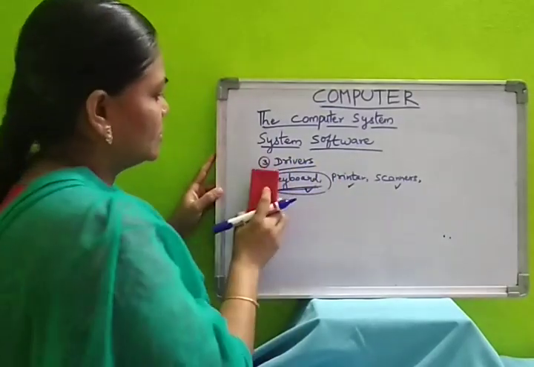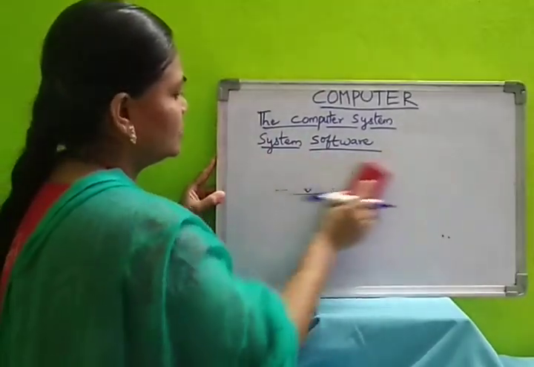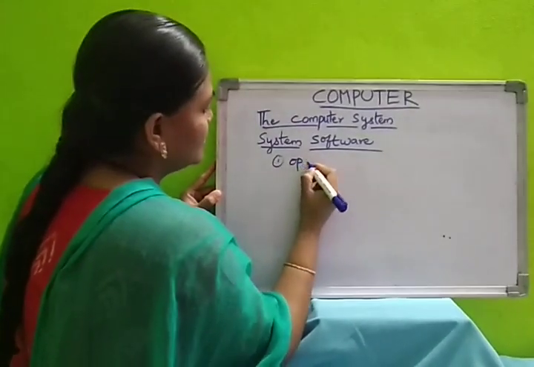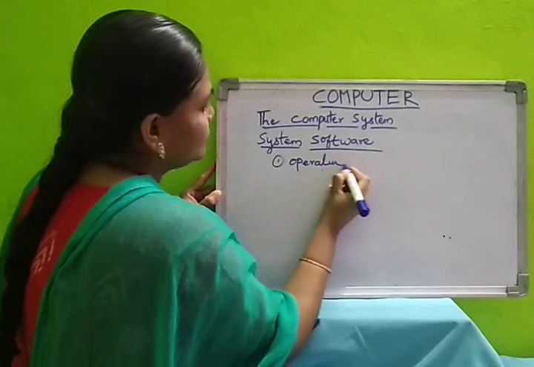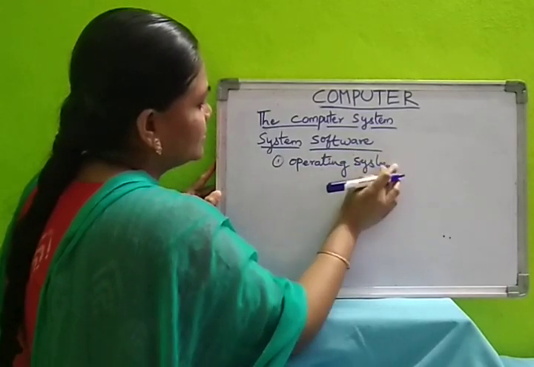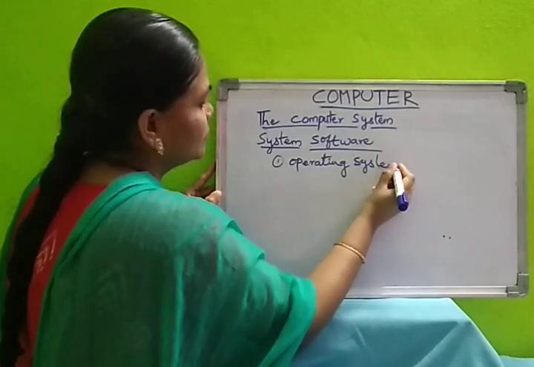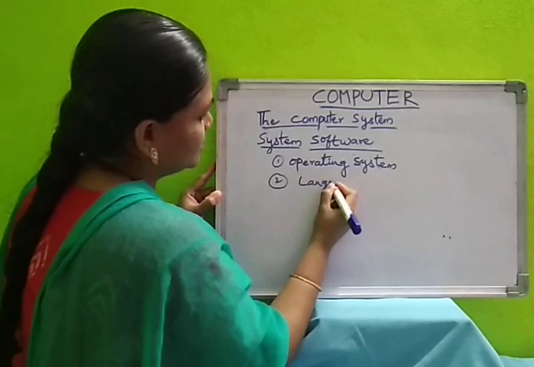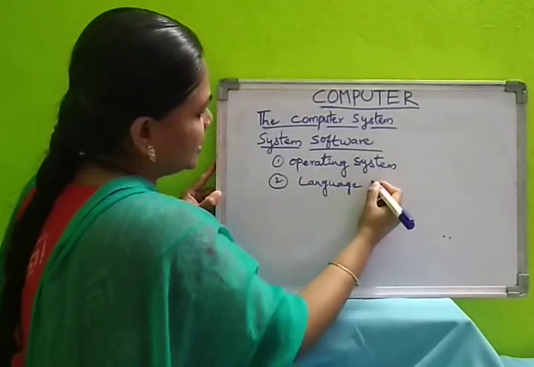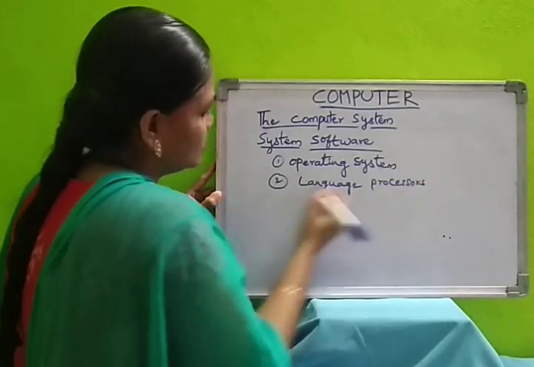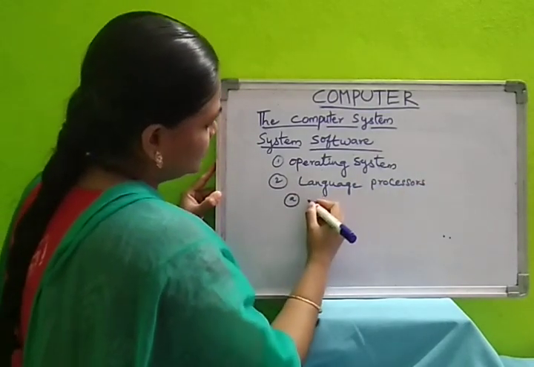So what comes under system software? First one is operating system. Second is language processors. In language processors, what are those?